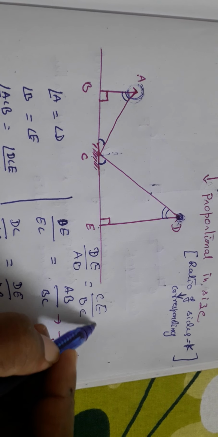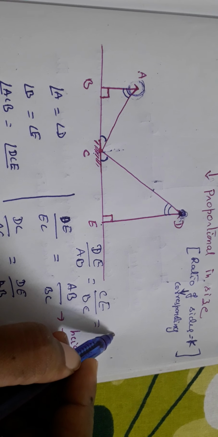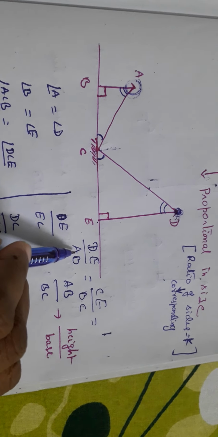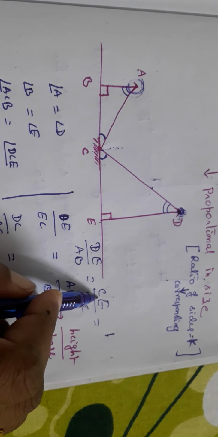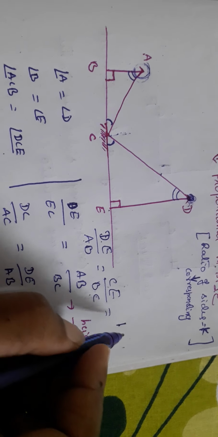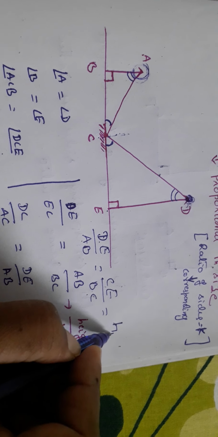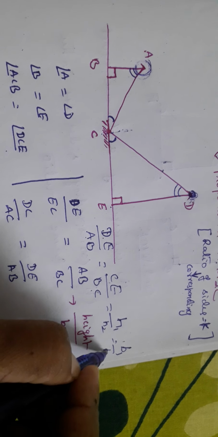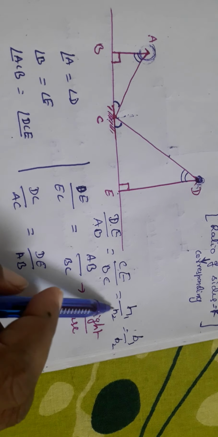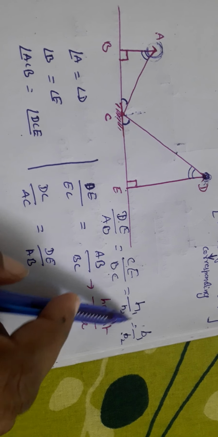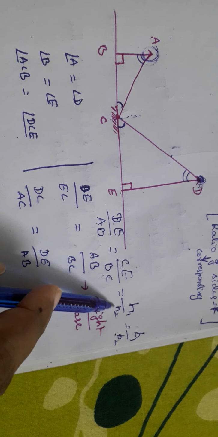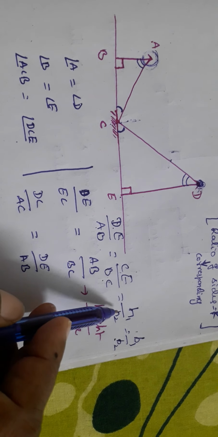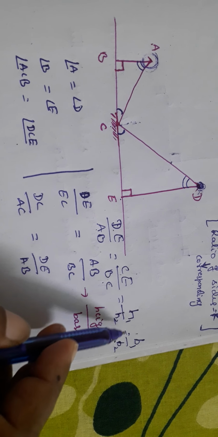So what do we observe? Corresponding heights, therefore height by height, base by base. Let us suppose that h1 by h2 is equal to b1 by b2. Or rather, you can also check this one. By cross multiplication, you will be getting h1 by b1 is equal to h2 by b2. Is it not? By cross multiplication you can also write like that.